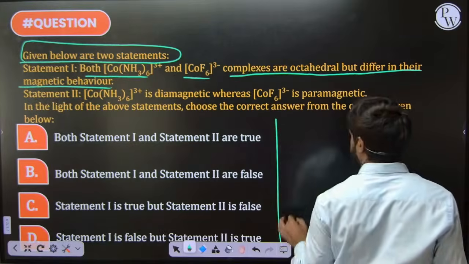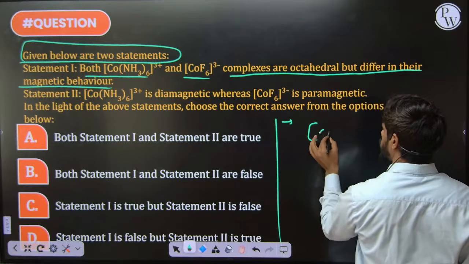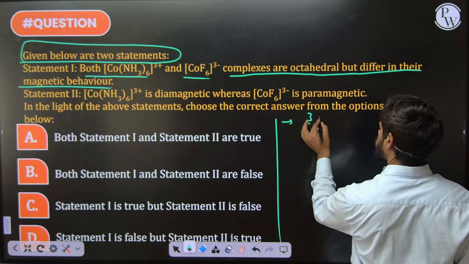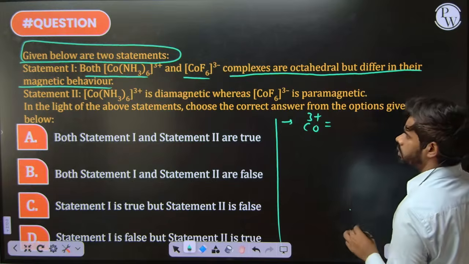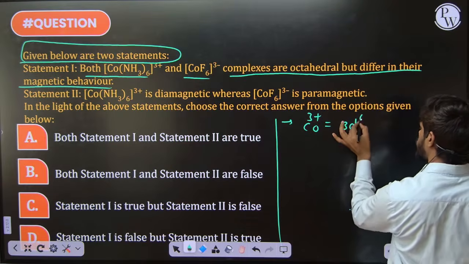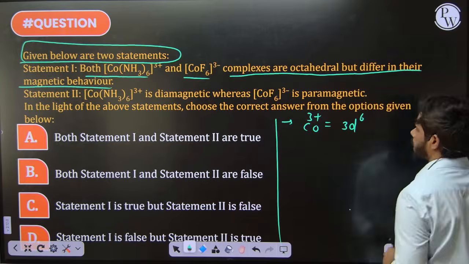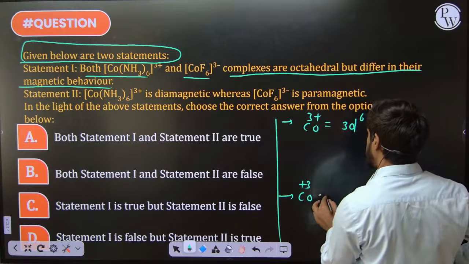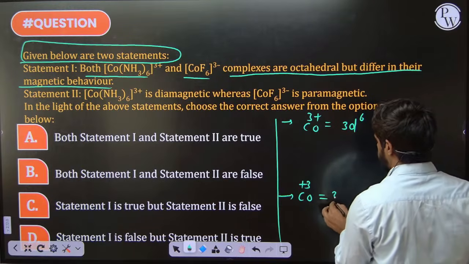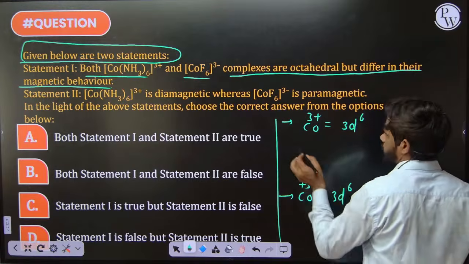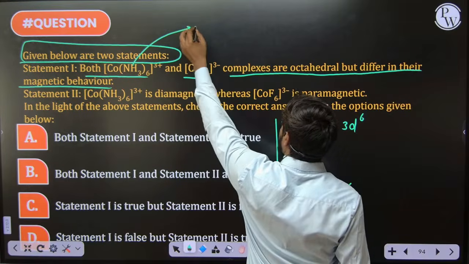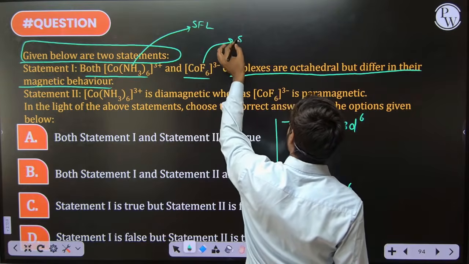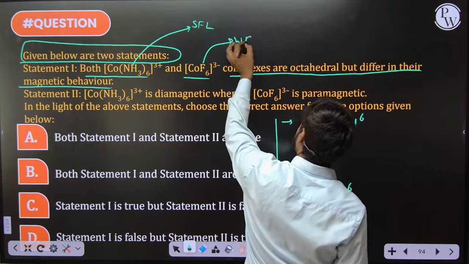If I see the first complex, it is cobalt 3+, which is 3d6. The second complex is also cobalt 3+, the same, but the difference is the ligand: amine is a strong field ligand, fluoride is a weak field ligand.